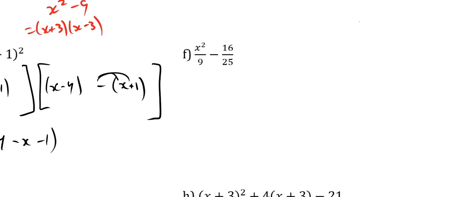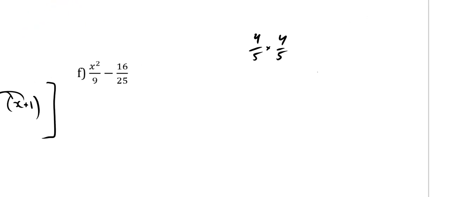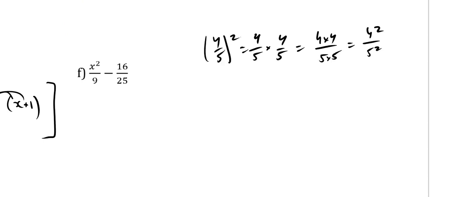But if we think about fraction multiplication, 4 over 5 times 4 over 5 is 4 times 4 over 5 times 5, 4 squared over 5 squared. And this was 4 over 5 all squared, right? So how do you square fractions? Square the top, square the bottom.